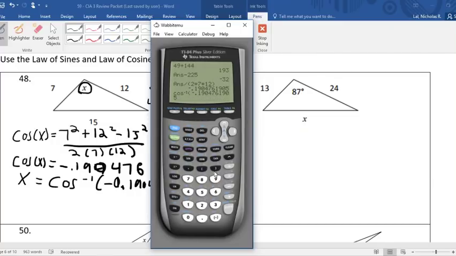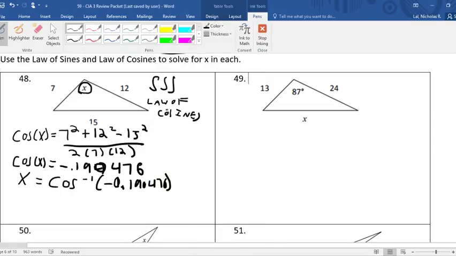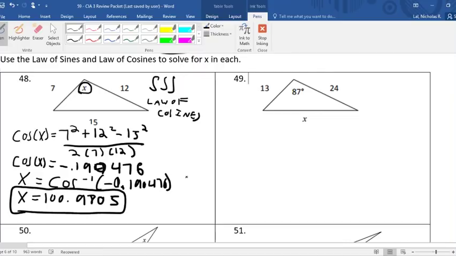Let's get as accurate as possible. That's going to give us 100.9805. So x is equal to 100.9805. So that solves for x using the law of cosines.